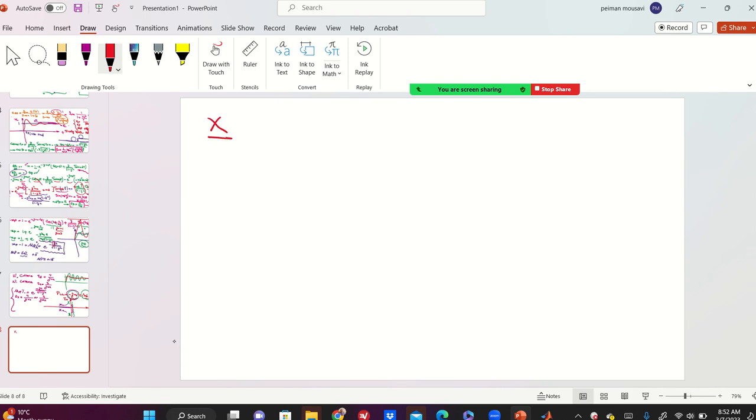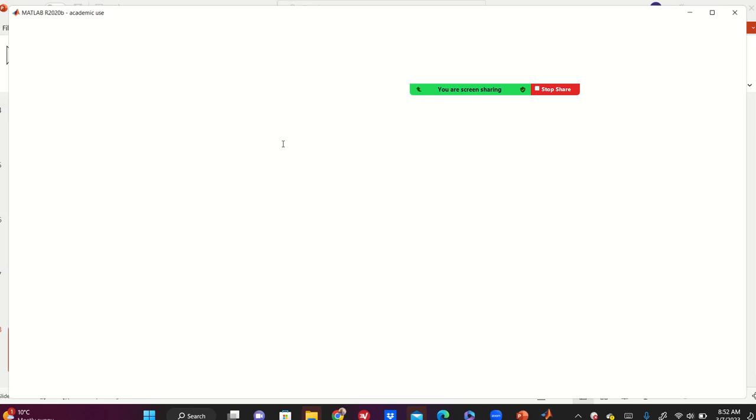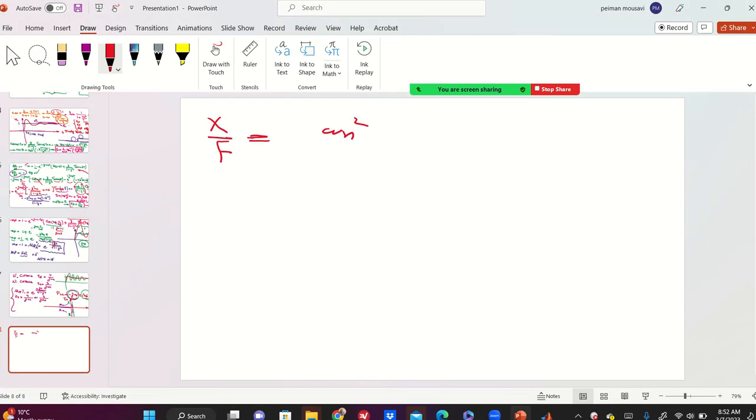X over F was omega n squared over S squared plus 2 zeta omega n S plus omega n squared. For coding, you know that your num, because it's a second order system, is going to be 0, 0, omega n squared.